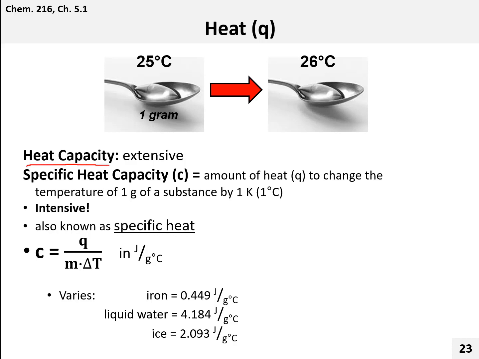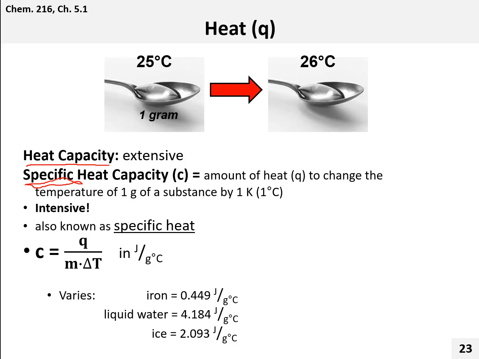We actually talk about the specific heat capacity. The specific heat capacity is labeled as a lowercase c. I know it's confusing. I know it's annoying, but it's the way it is. So lowercase c, the specific heat capacity, is the amount of heat to change the temperature of 1 gram of a substance by 1 Kelvin.